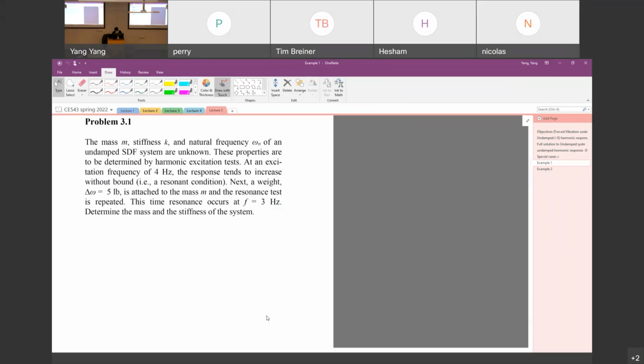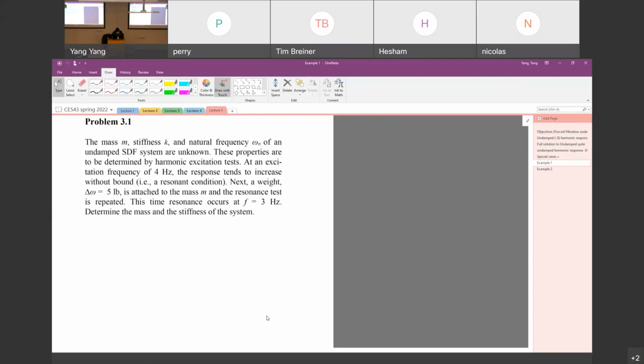So these properties are to be determined by harmonic excitation test. Basically, that means we adjust the frequency of the external force. We can use the response of the system under the excitation to determine the mass and the stiffness of the system.